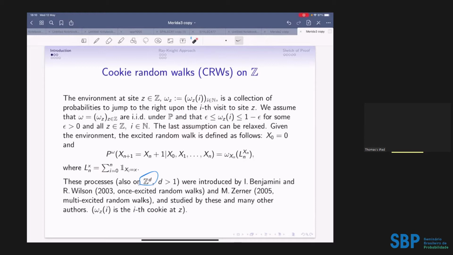And the probability of moving to the right, given everything that's gone before, is just the cookie at the current position X_n: for z equals X_n, you look at the L_n(X_n)th cookie, which is just the number of visits the X process has made to the current site X_n up to the current time, including 0.